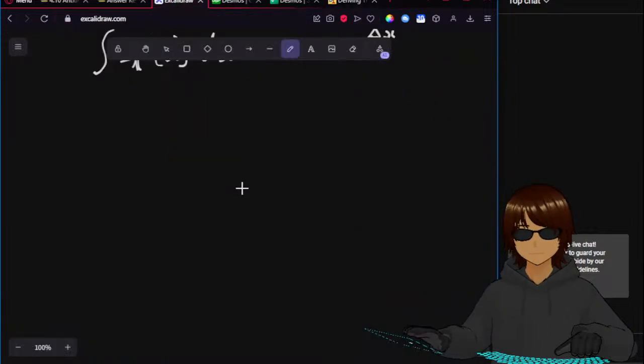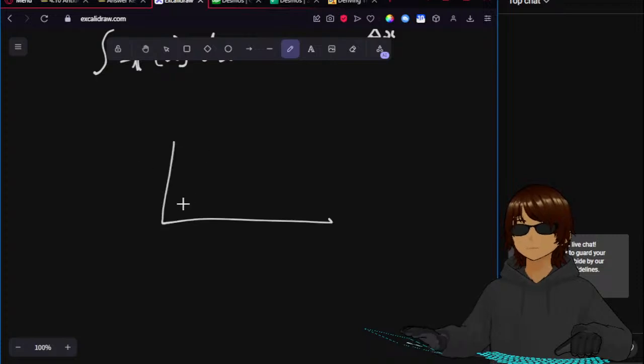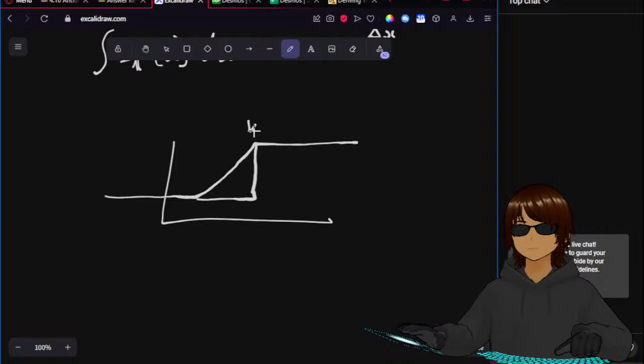Wait, if there's a speed here, constant acceleration, and then a new speed, then the distance covered would be the area over here, right? So this is final velocity, initial velocity.